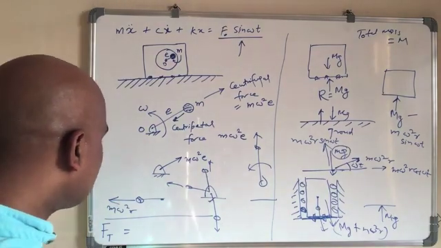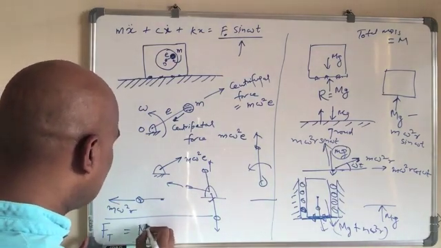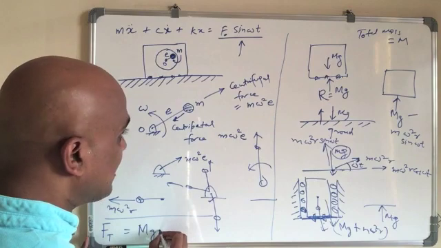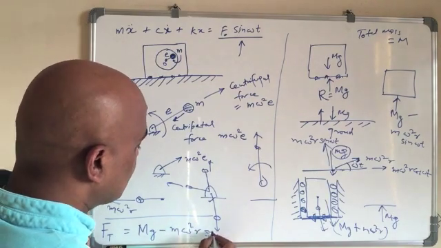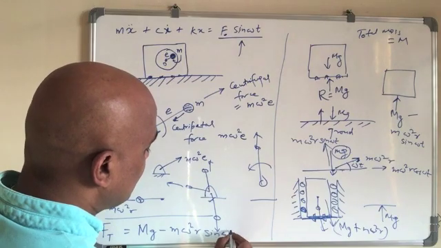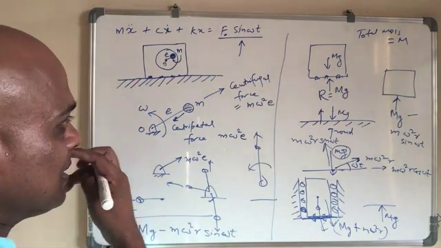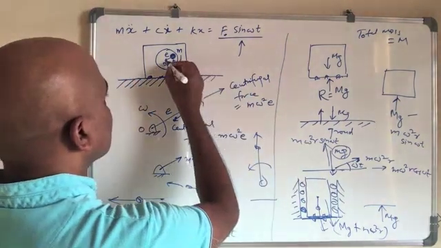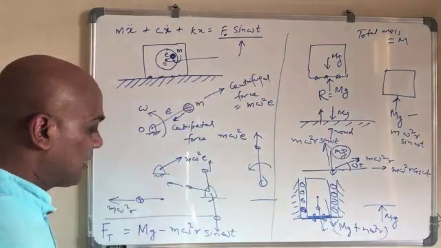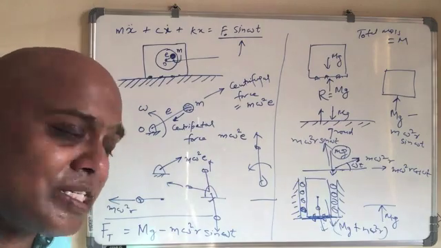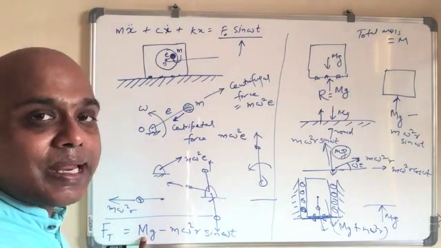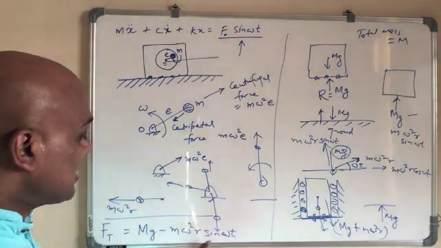The force transmitted will be equal to mg minus m omega square r sine omega t, where we are measuring everything with respect to the horizontal line, like this one. If you look at the variation, this is a constant mg and the variation is this one.